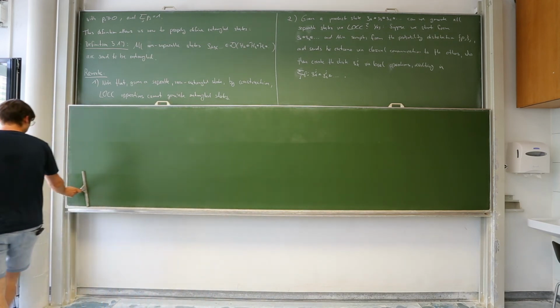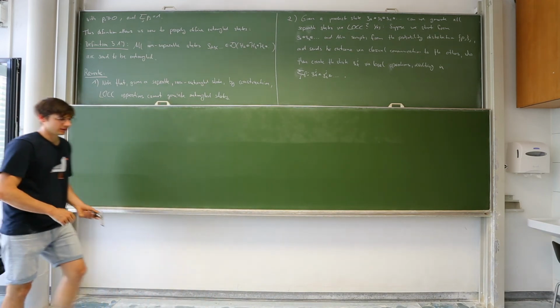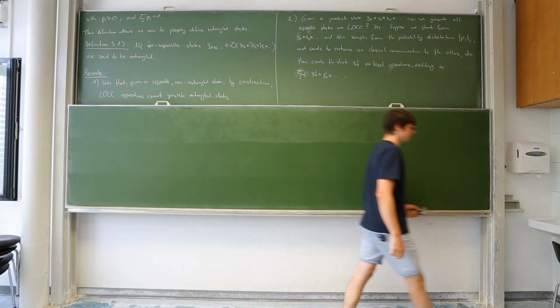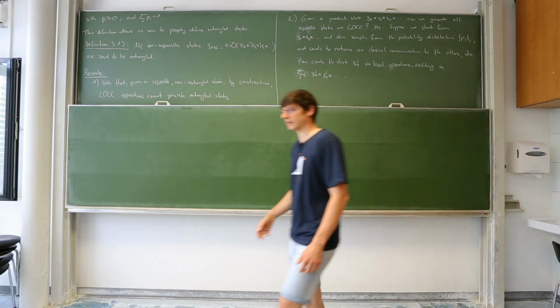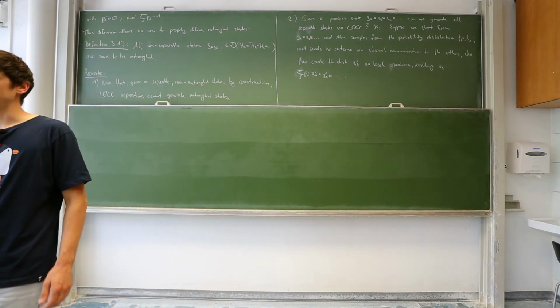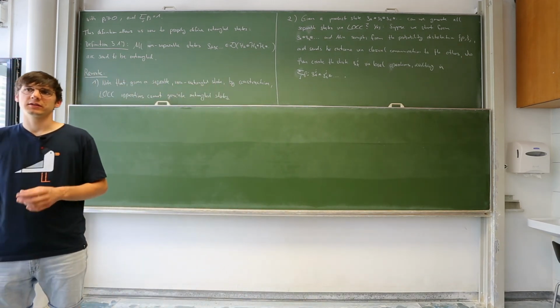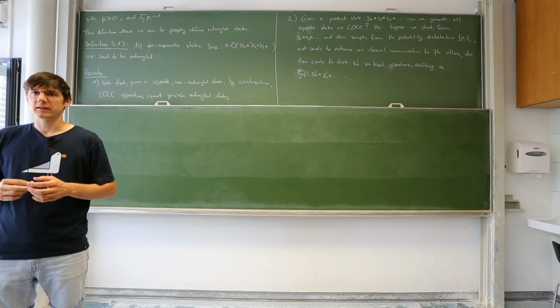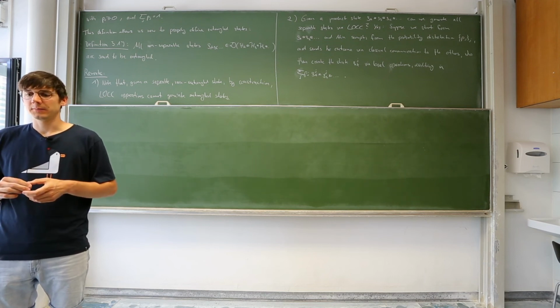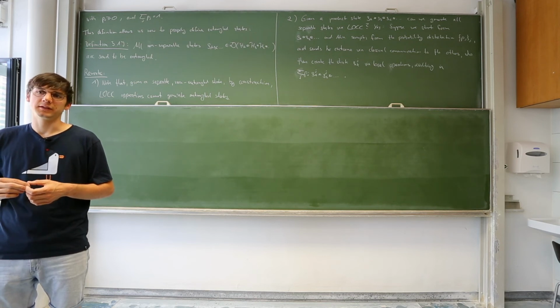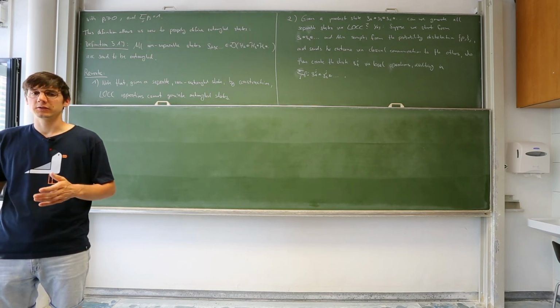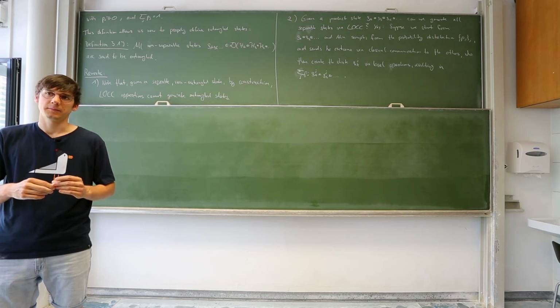So if you're working in entanglement theory, often it's good that instead of considering this complicated set of LOCC operations, you first consider the set of separable operations, which is, from a mathematical point of view, a bit easier to handle. And then once you got a result, you have to check whether this result also holds if you reduce your set of operations to the LOCC operations.